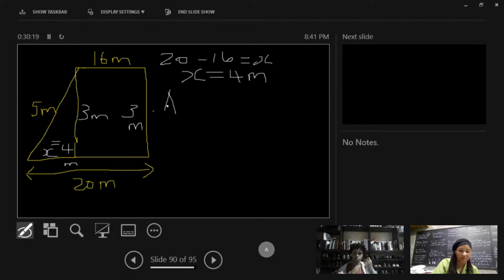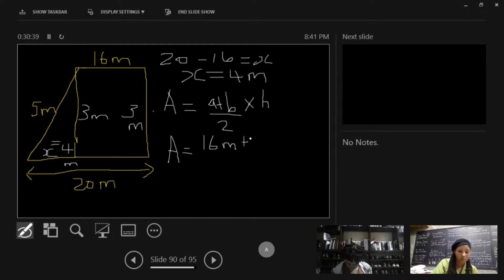So area is (a plus b), which are the parallel sides, over 2 times the height. A and B are 16 plus 20 over 2 times the height, which is 3. 16 plus 20 is 36, over 2, times 3.